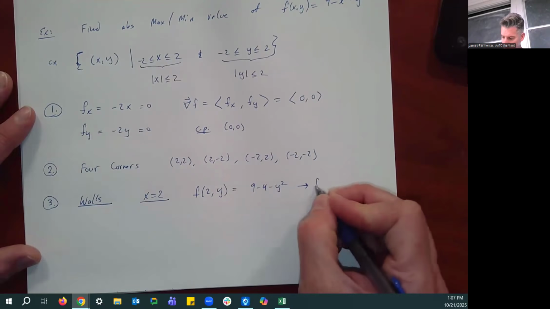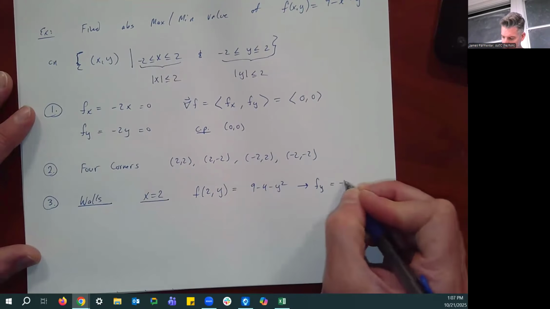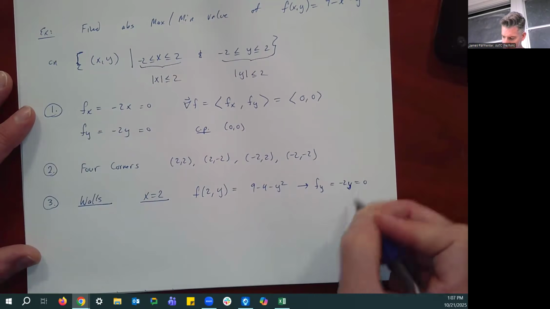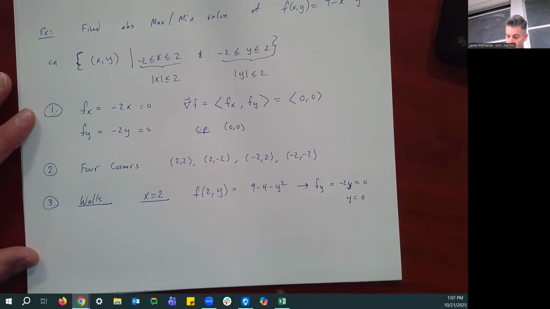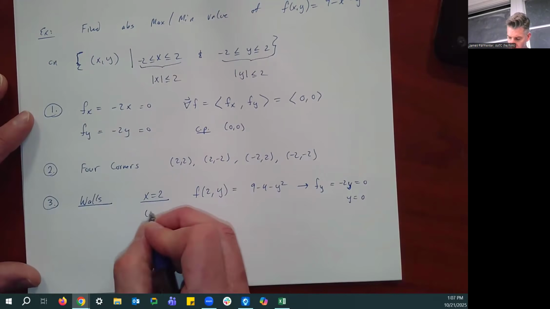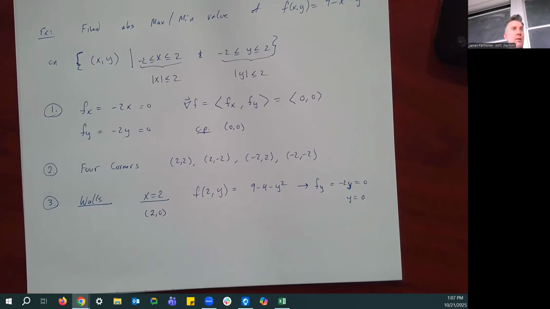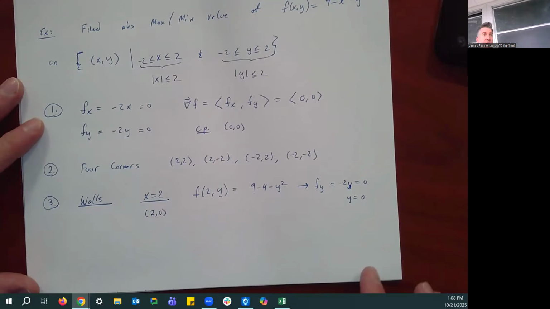So our fy is still going to be negative 2y, and we set that equal to 0, we're still going to get y equal to 0. So our critical point is going to be 2 comma 0, not one of the corners. Sometimes when you look at the walls and you set the partial derivative equal to 0, you do end up getting a corner like 2 comma 2. That can happen. And the same kind of things can happen for every other wall here.